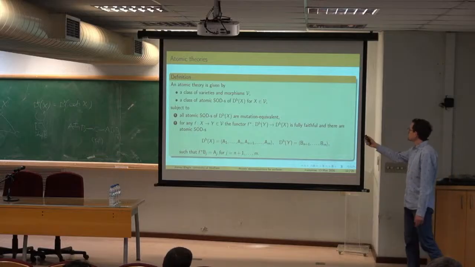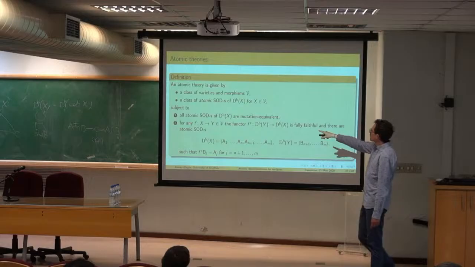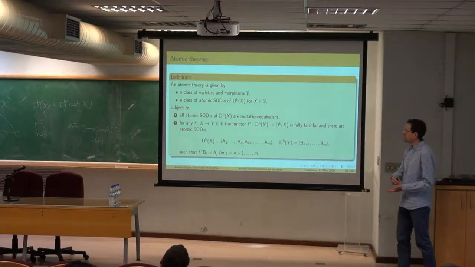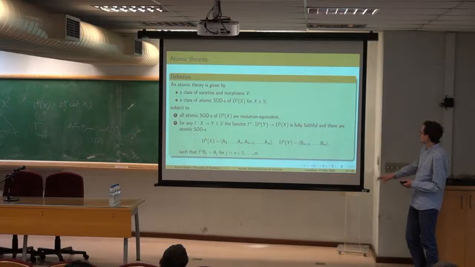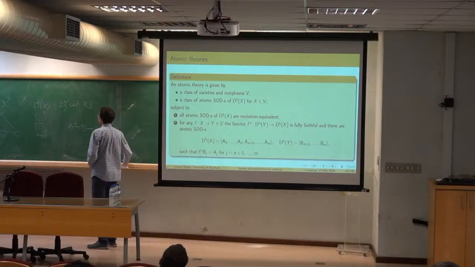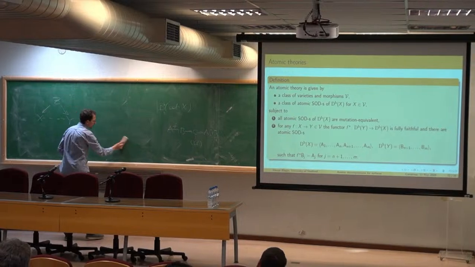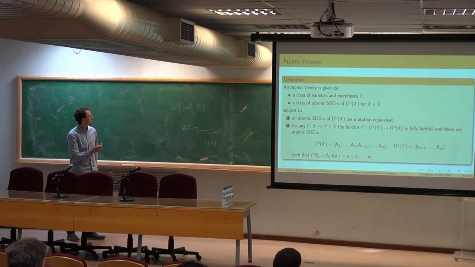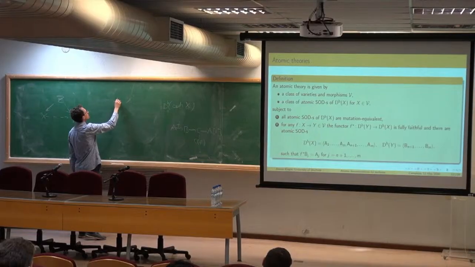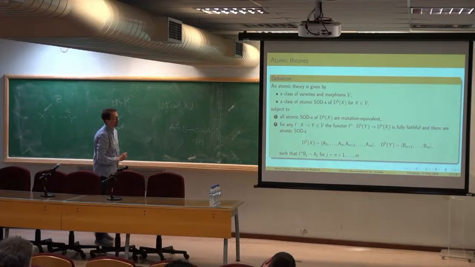So the condition says that for any such admissible morphism from X to Y, the pullback functor from the derived category of Y to the derived category of X is fully faithful.